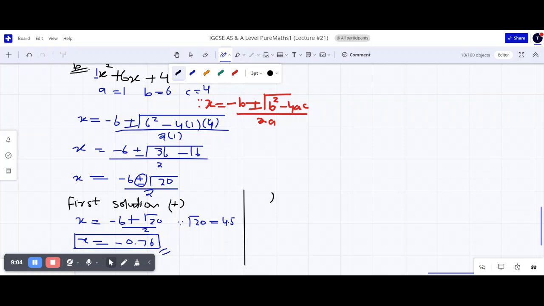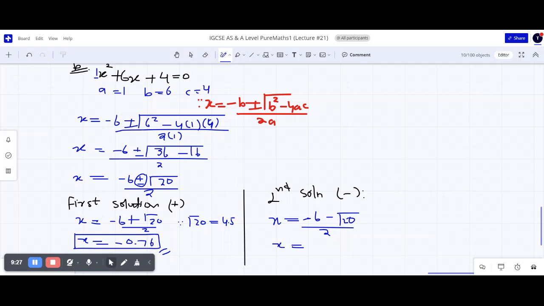Now the second solution, for the negative value: x equals minus 6 minus root 20, which is 4.5, divided by 2. Then x equals minus 5.24.